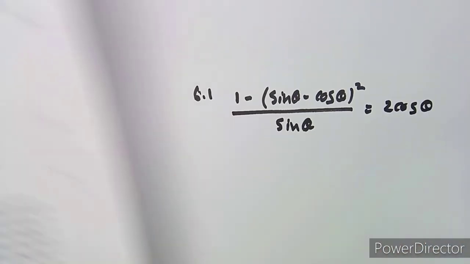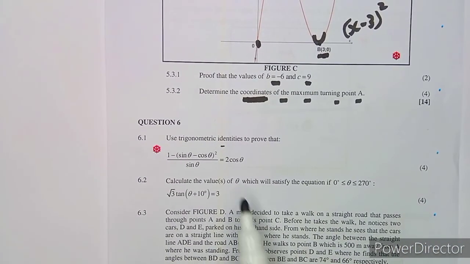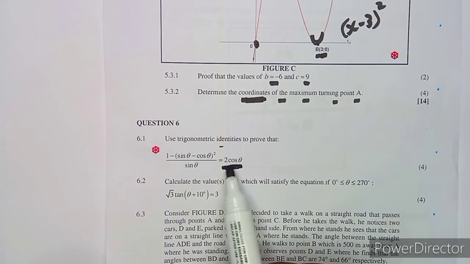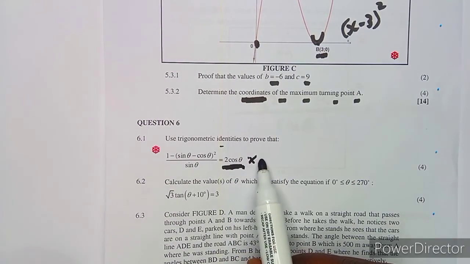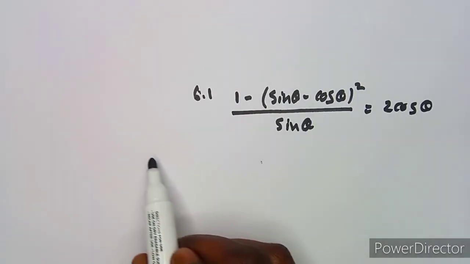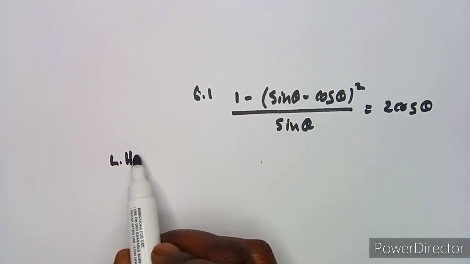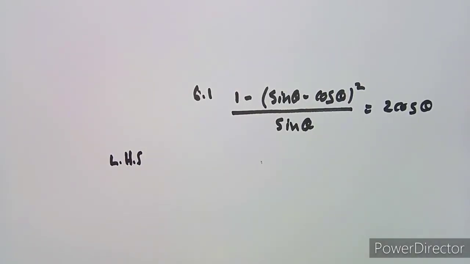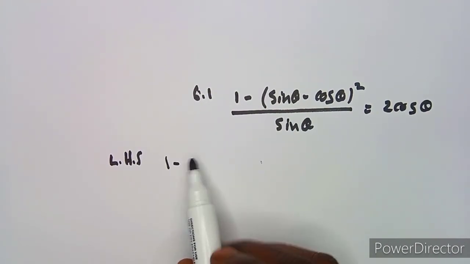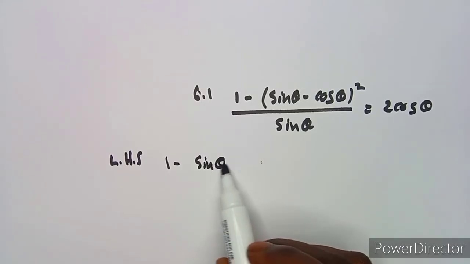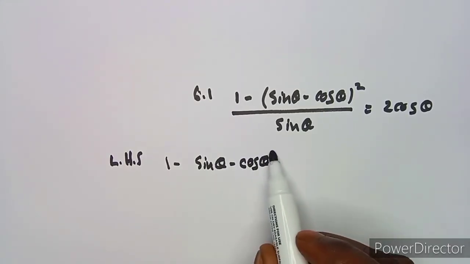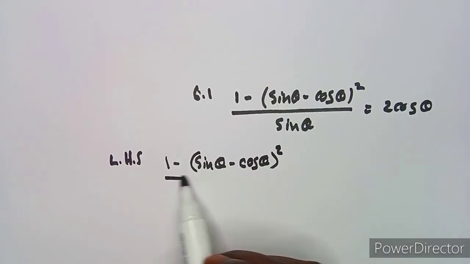All right, so I want us to cross-check something here. This part is actually simplified, so there's nothing that we can actually do much. So I'm going to choose to work with the left hand side in this case. All right, so working with the left hand side, as we can see, we have got this part here, 1 minus (sine theta minus cos theta) squared, which maybe we have to first expand.